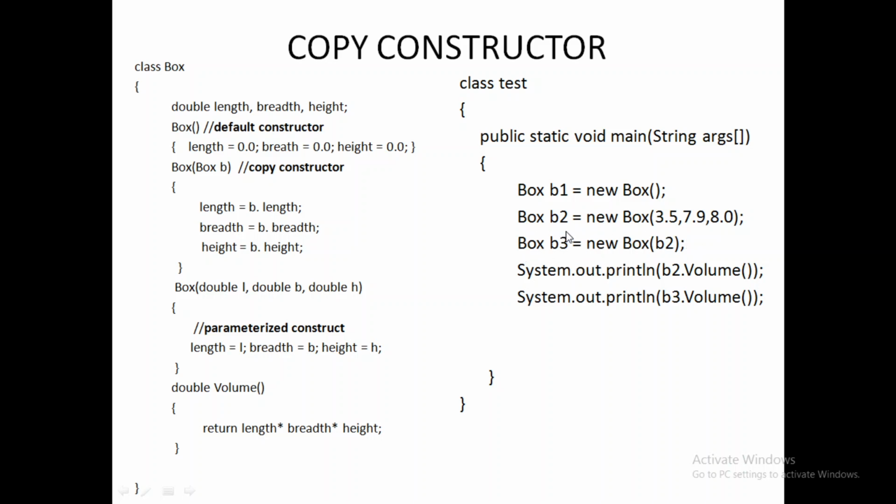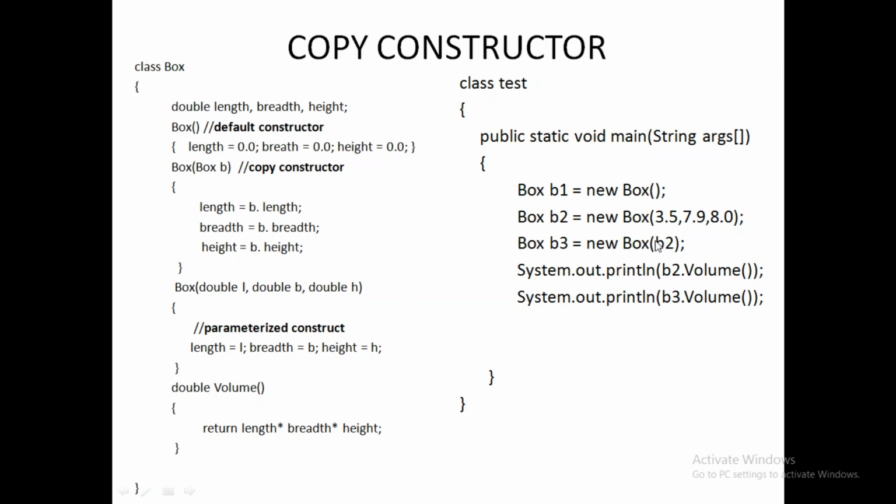Here I have created the object b3 with the values of b2, or during the creation of object b3 I have passed b2 as a parameter. My intention is to create an object b3 with the same set of values that b2 possesses. So b2 will be passed here in this constructor.